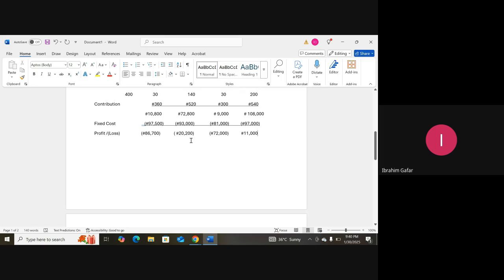So then if you total it, what do you have? 167,900. Profit or loss? Loss. 167,900 as loss.